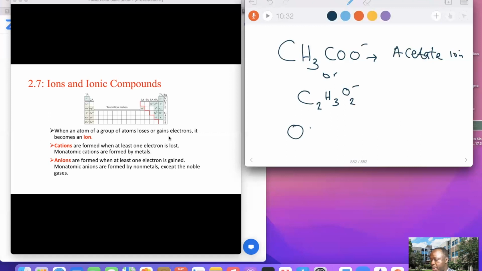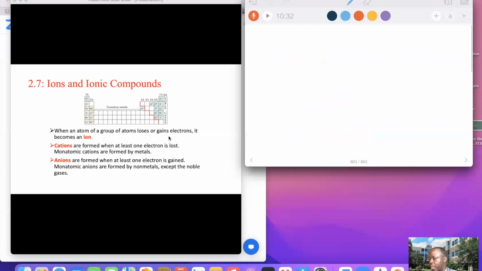There is the hydroxide, a common one, hydroxide ion. There is the CO3 with the 2 negative. You'll see that this is carbonate ion.